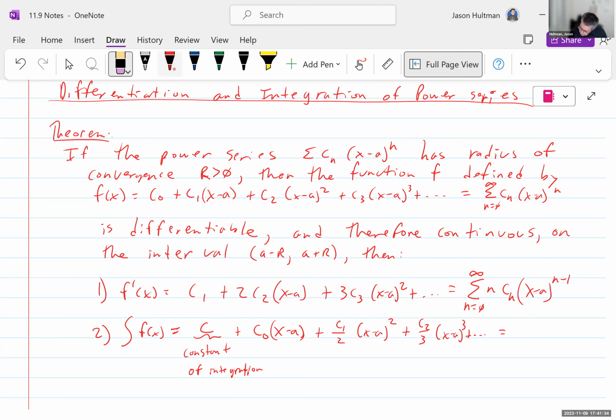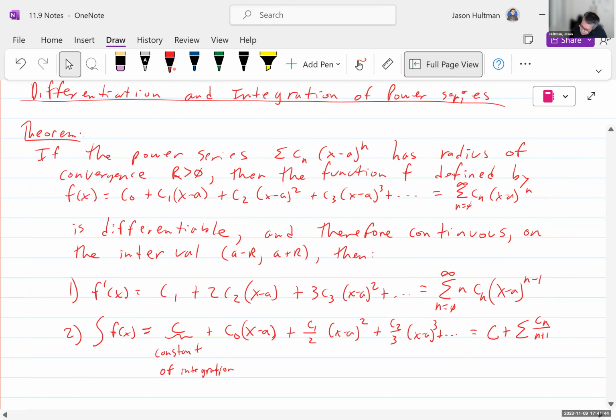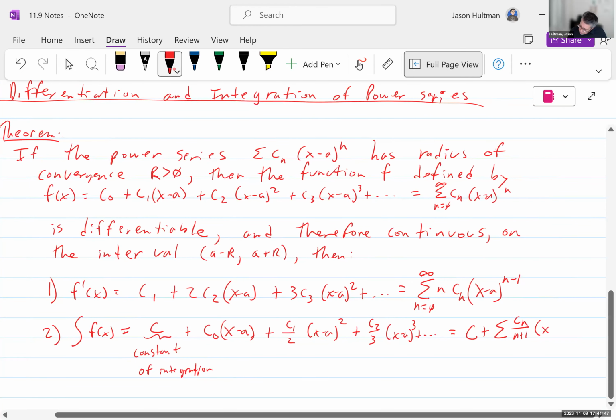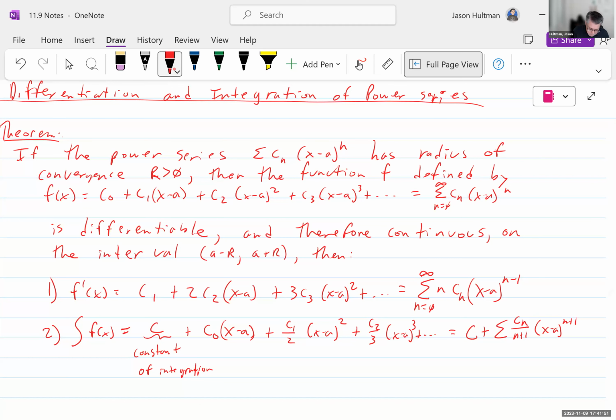Actually, I need to put my constant c there first. C plus the summation of cn over n plus 1 times (x minus a) to the n plus 1, and this is n equals 0 to infinity.